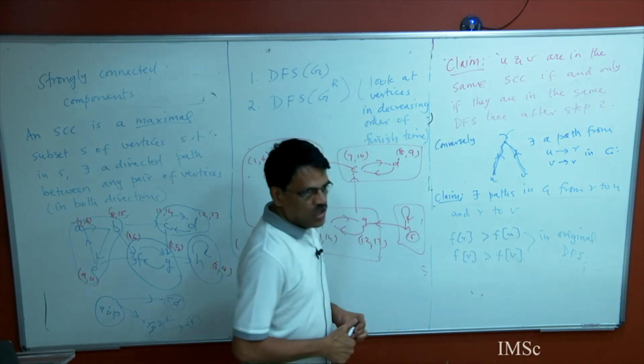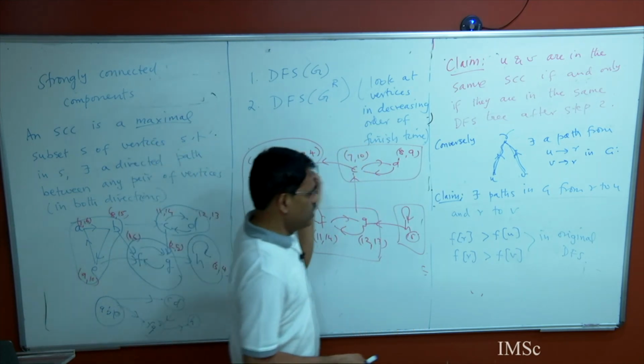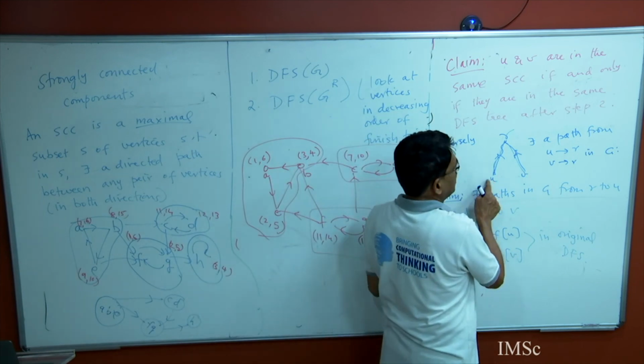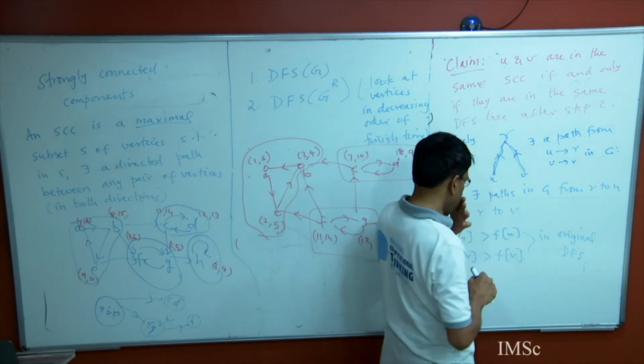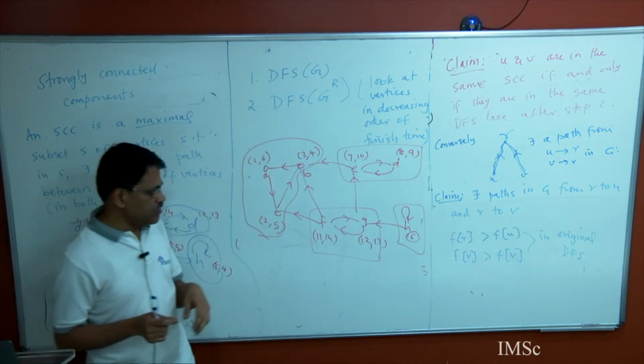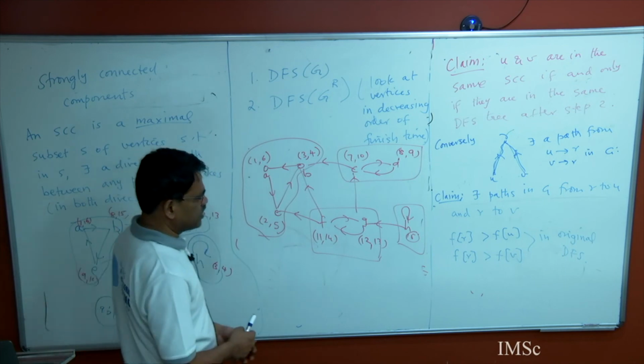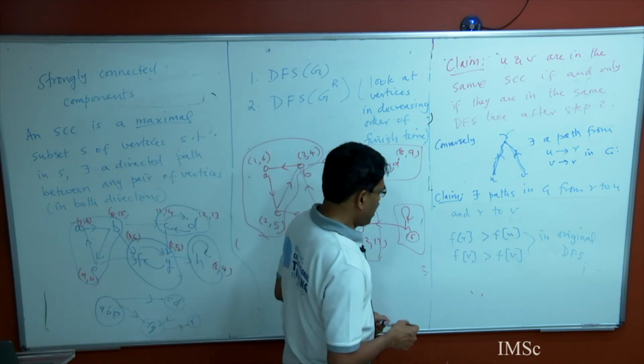Right? Because you were exploring this in decreasing order of finish times. So if this finish time was larger, you would have started here and not here. Okay? And does that tell you anything? What does that mean?